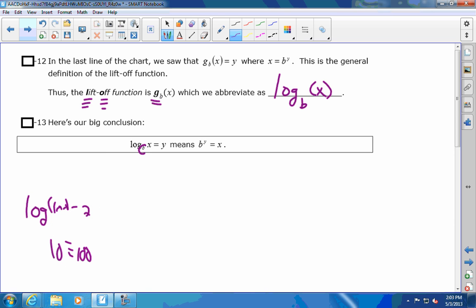Notice the base of your log function has to be identical to the base of your exponential function. The answer to your log function, which is the inverse of your exponential function, was the original value you put into your exponential function. And then the number you're taking the log of is the result of your exponential function.